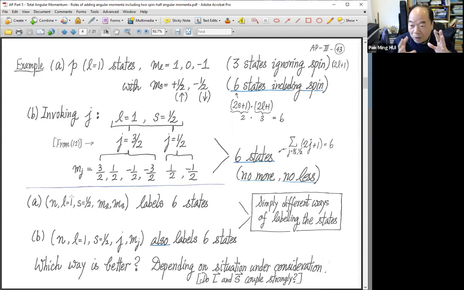Last time we illustrated this rule by considering a P state, L equals 1, and doing some accounting. We found that no more, no less, in either way, we have labeled 6 states. It is just a different way to label the 6 P states.